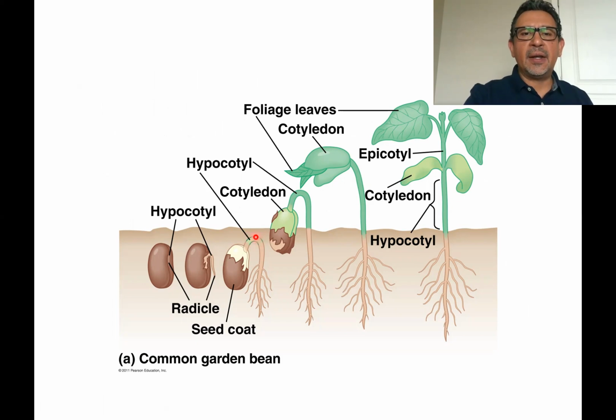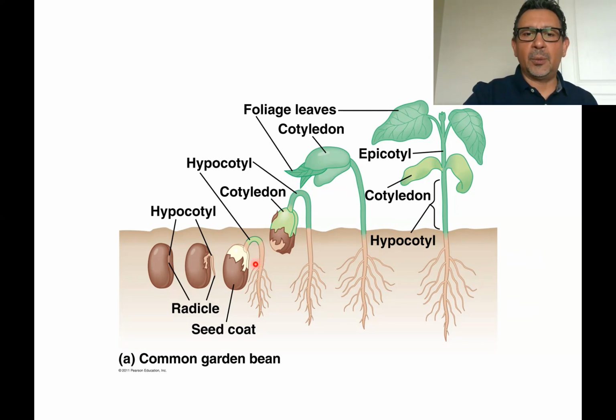This hook here is going to be breaking through sometimes hard soil. Remember, sometimes there are rocks here, and because it is a tougher type of structure compared to the plumule, the apical meristem, the first two leaves of the embryo, this is going to be breaking the ground.